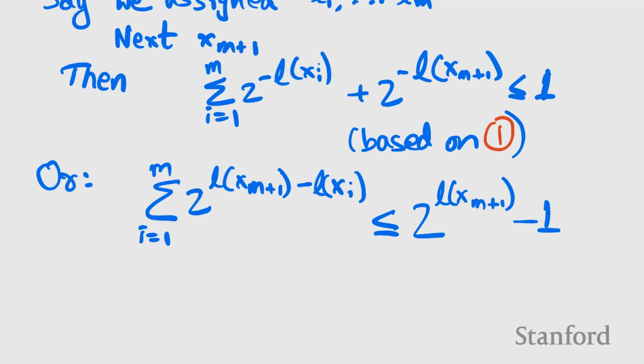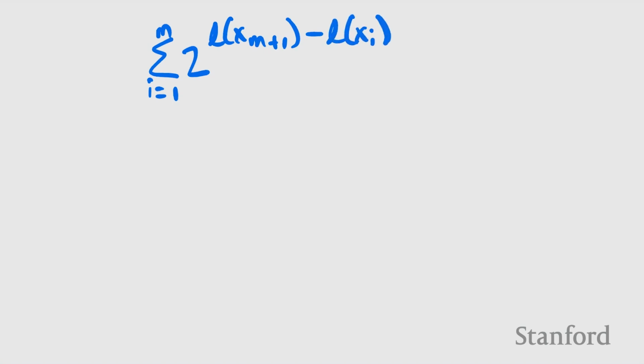Until now it's just multiplying things, moving around things, no special logic. So let me move this to the next page and then we will look at some actual logic. One second. Okay. So I will copy over the last point again. Sum from i equal to 1 to m of 2 power lxm plus 1 minus lxi is less than or equal to 2 power lxm plus 1 minus 1. Okay. Let's call it 2.